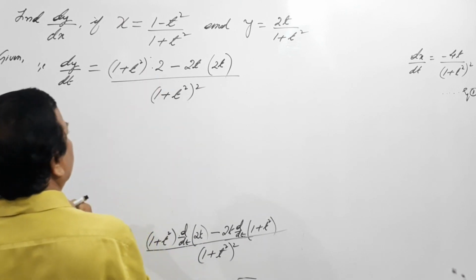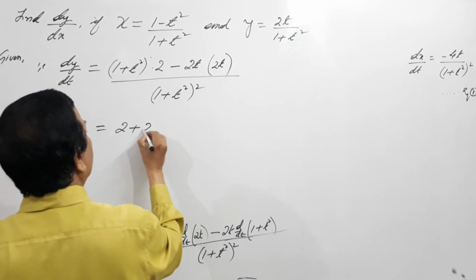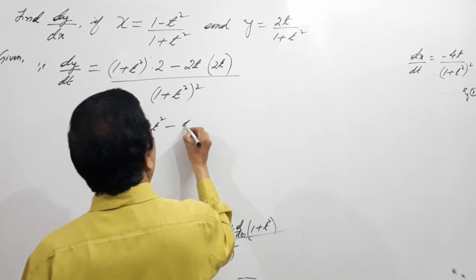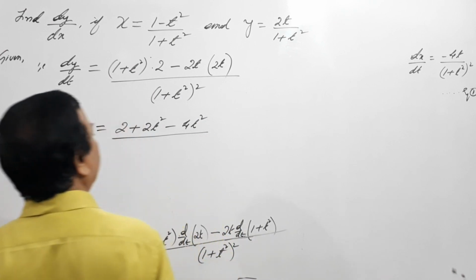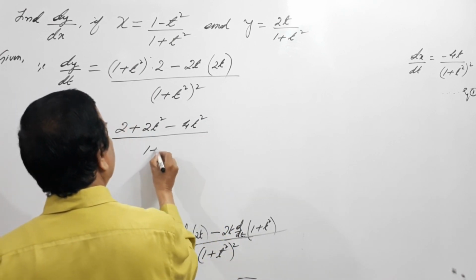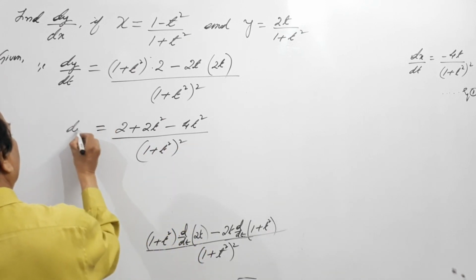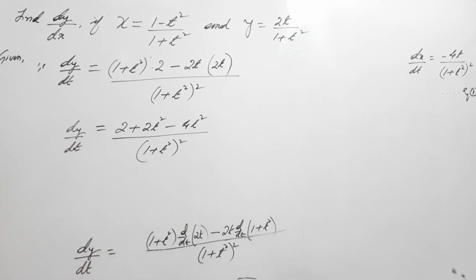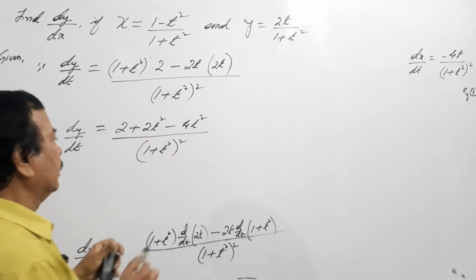So let's multiply this. This equals 2 ones are 2, plus 2t square minus 4t square, divided by 1 plus t square the whole square. This is our dy by dt. So here you have plus 2t square minus 4t square.